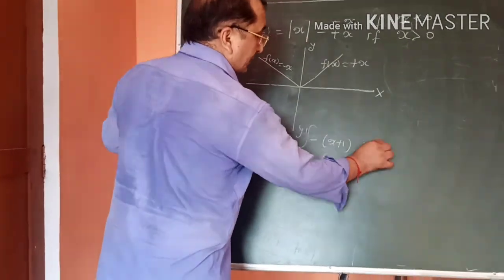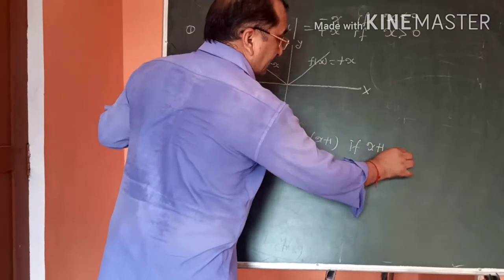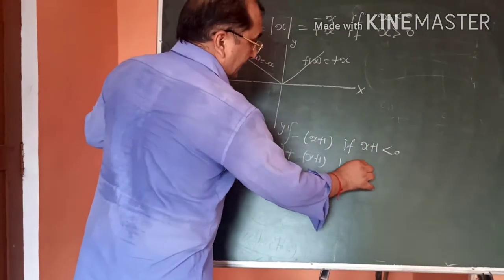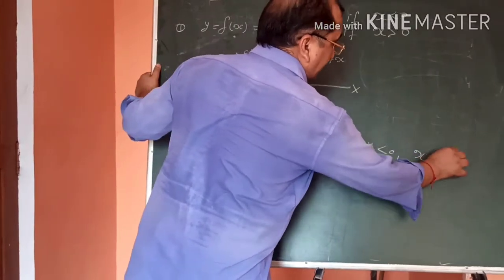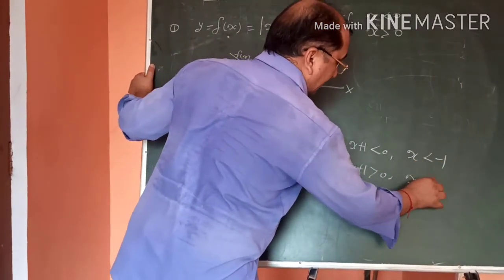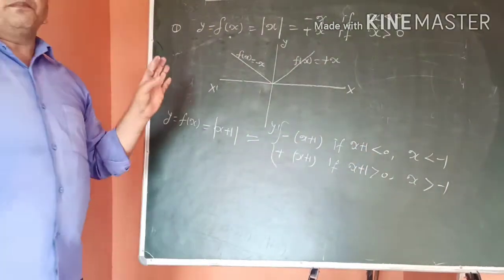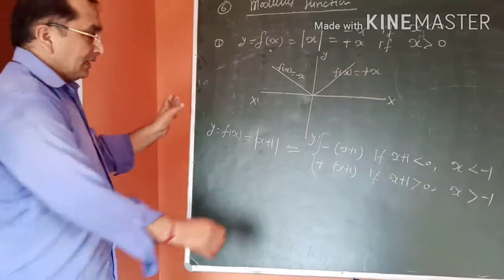If x plus 1 is less than 0, or if x plus 1 is greater than 0, it means x is less than minus 1, or x is greater than minus 1. It means minus 1 is the turning point in the graph.